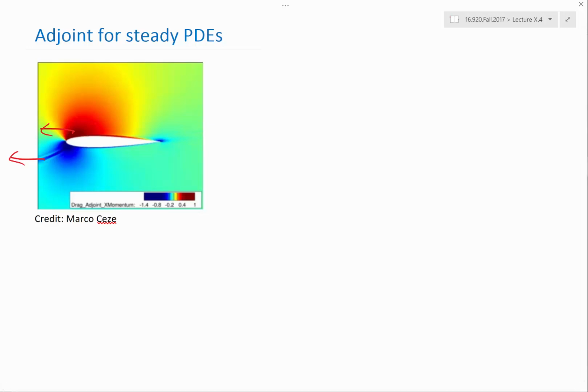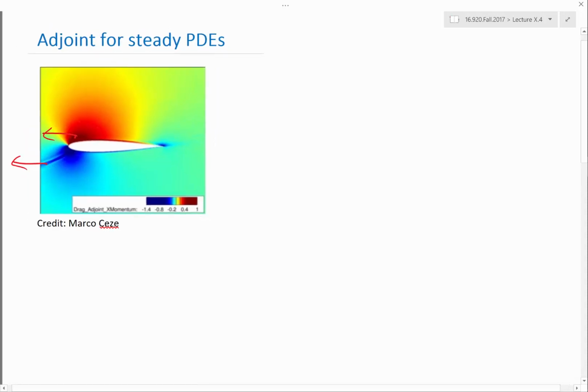Why is that the case? Well, in this case, the flow probably has a slight separation near the trailing edge. So if you pull the fluid over here, the boundary layer is going to separate even earlier and introduce a larger pressure drag. So there is a lot of information such as this you can see from an adjoint solution.